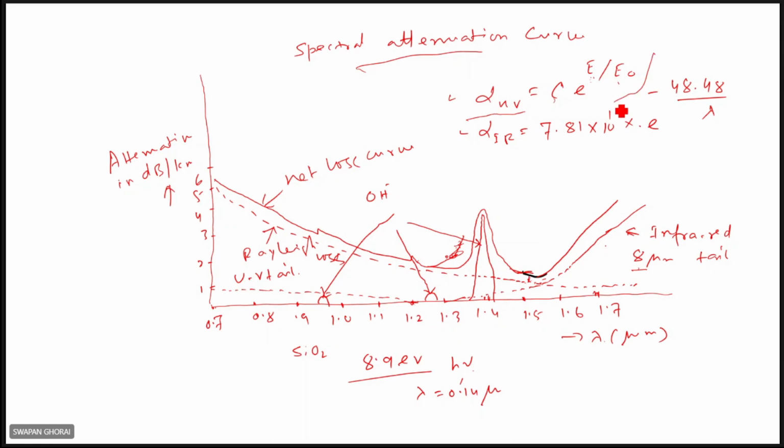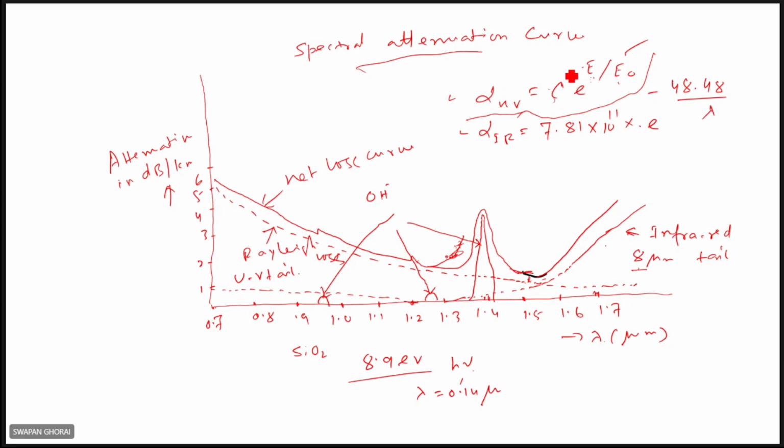This is one expression, for UV. This is an empirical relation, developed by scientists from field experience. Here C and E0 are constants, and E is the photon energy. These two are constants.